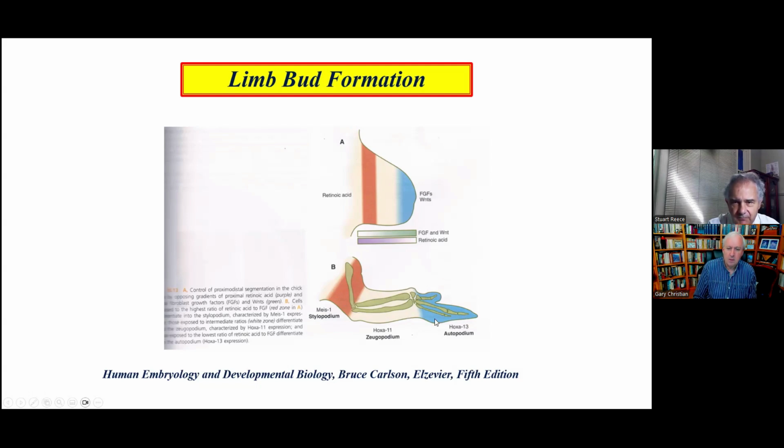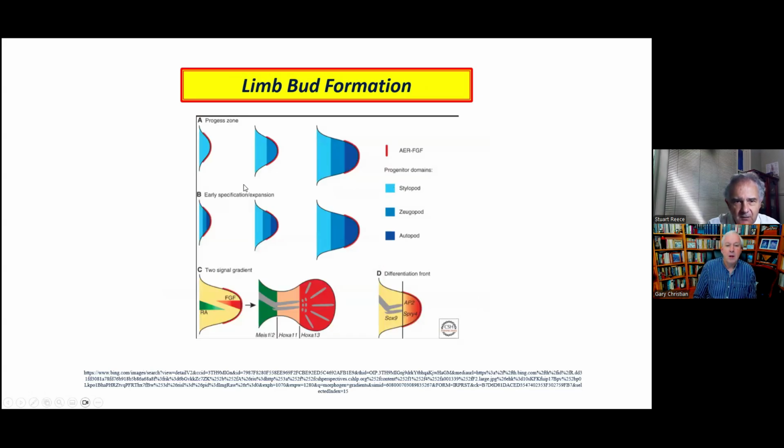limb development. And these are some of the major morphogens, and these are some of the major genes involved, HOXA genes and the MEIS genes. And this is how the limb forms, and there's a progress zone, early specification, 2 signal gradients, fibroblast growth factor and retinoic acid, as we've said, which control all the stages of limb development.